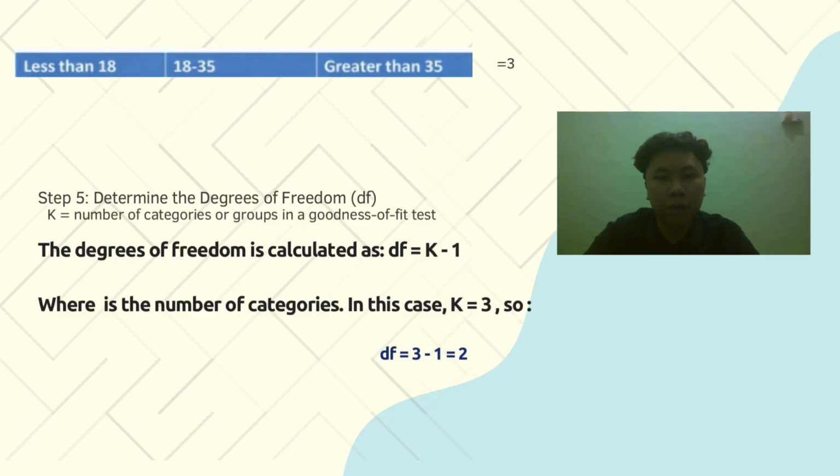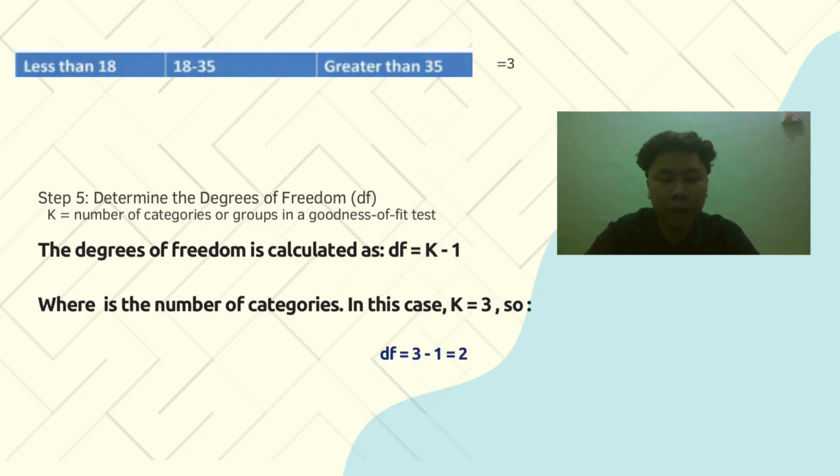The formula of degree of freedom is degree of freedom equals k minus 1, where k represents the number of categories or groups in the goodness of fit test. In our case study, the population is divided into 3 age groups: less than 18 years old, between 18 and 35 years old, and greater than 35 years old.